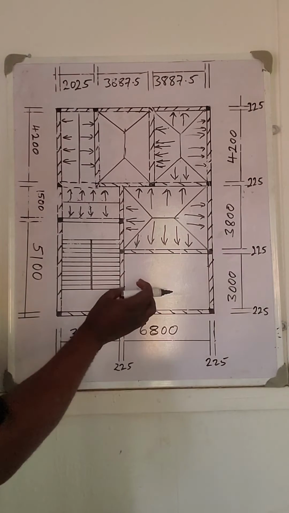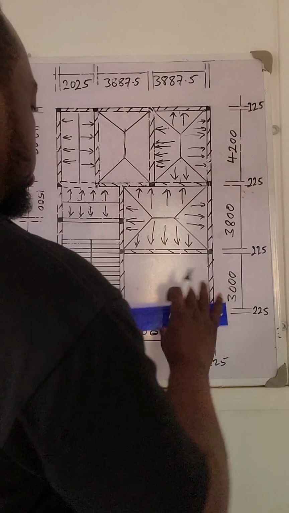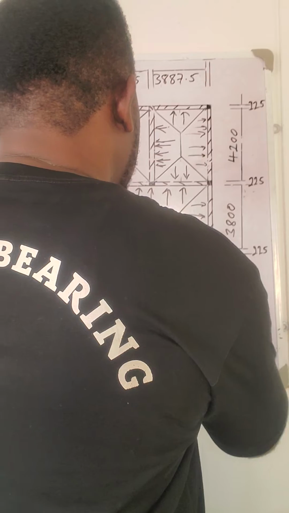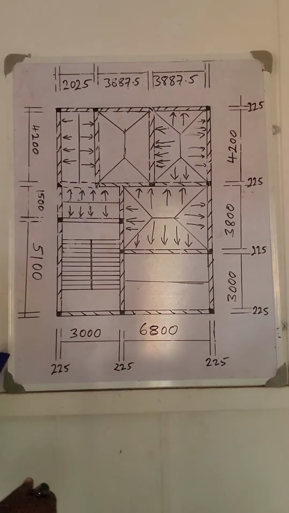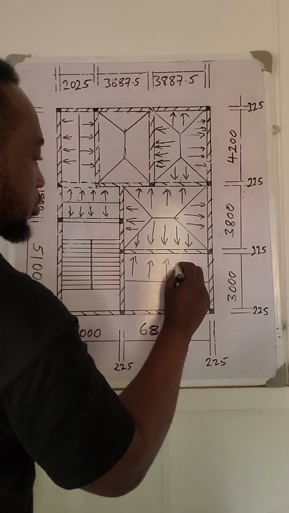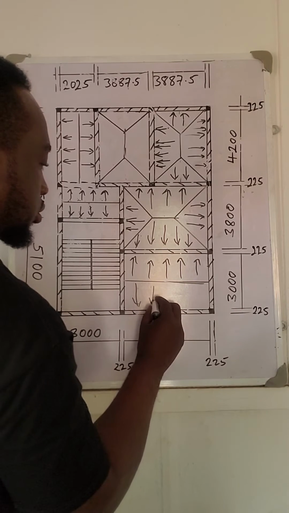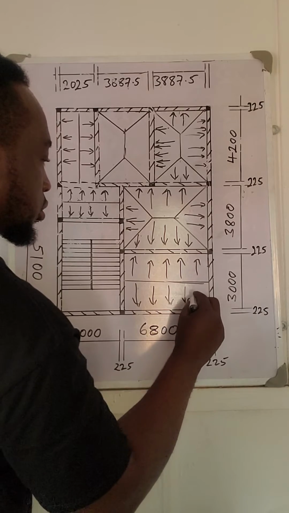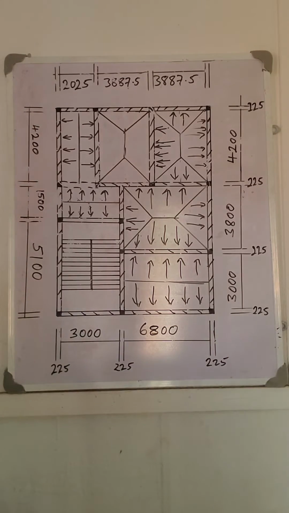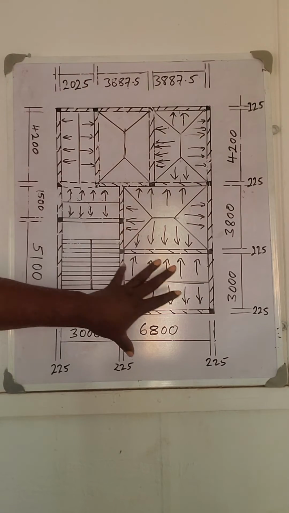Half of the shorter span will distribute to this beam, and half to this beam. We divide it into two equal halves. So this is how all the slabs distribute their loads to the beams we have here.